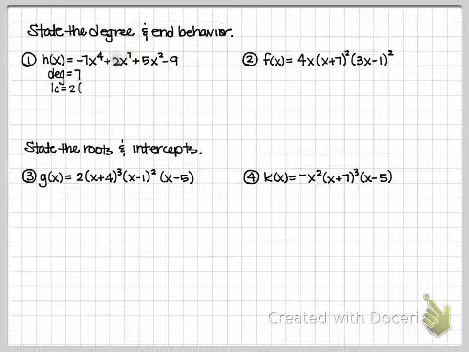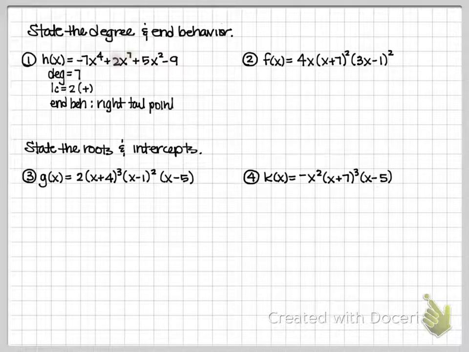I care about whether or not it's positive or negative. So since this is positive, this is going to tell me what the right side of the graph is going to do. So leading coefficient, right side of the graph. So if I talk about my end behavior at this point, I can say based off of the leading coefficient that the right tail points up.